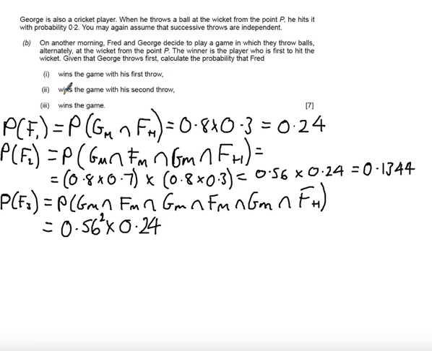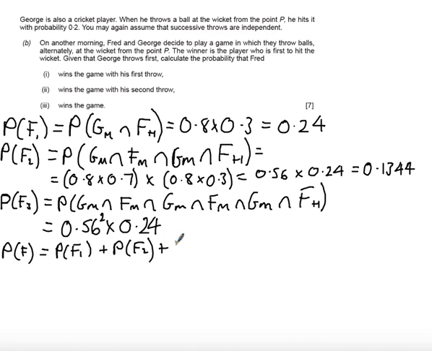Okay, so let's find the probability that Fred wins the game then. Now the difficulty with probability Fred wins the game is that this game could go on forever. They could keep on throwing the balls. There is no guaranteed time that Fred will hit the wickets. So essentially this is going to be the probability of Fred wins on his first go, or Fred wins on his second go, so plus the probability Fred wins on his second go, because these are mutually exclusive events.